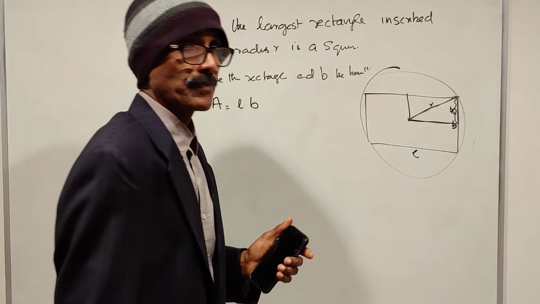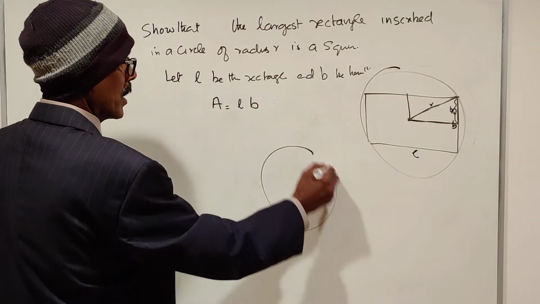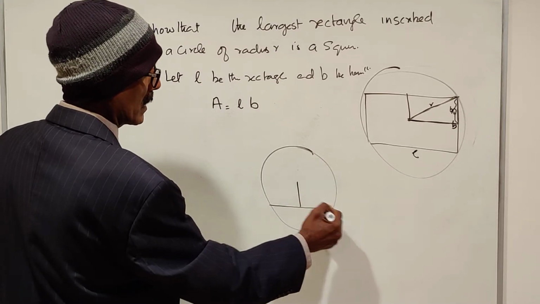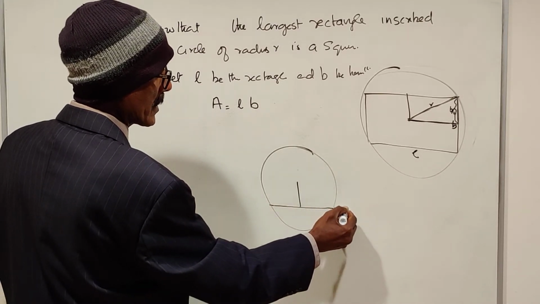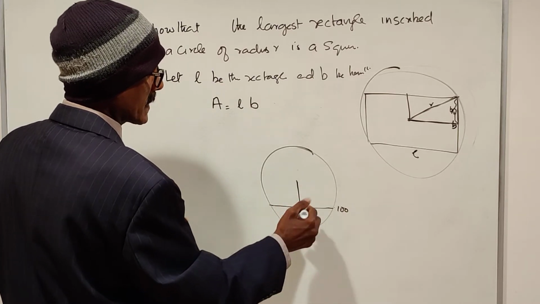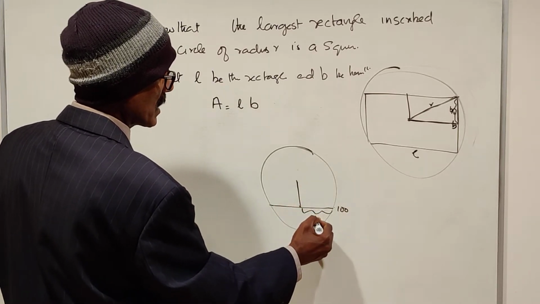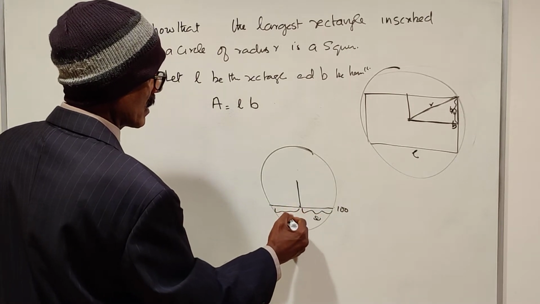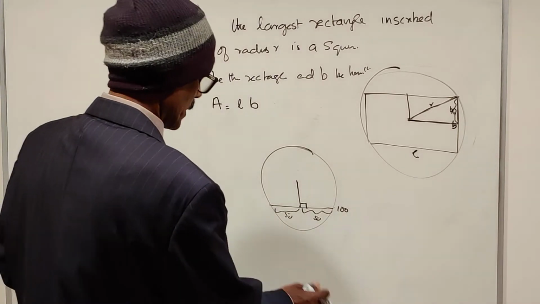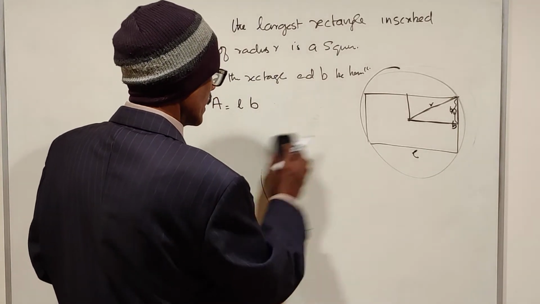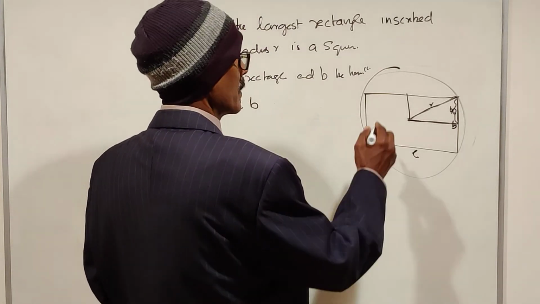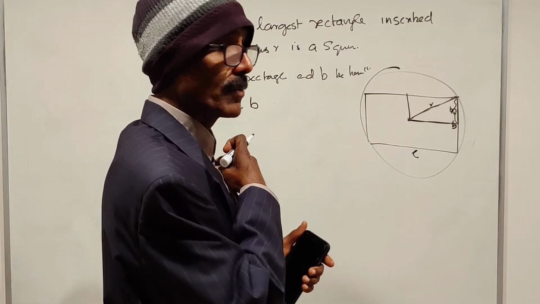Yesterday we learned that the perpendicular from the center to a chord bisects the chord. If the length of the chord is 100, the perpendicular bisects the chord means this one is 50 and this one is 50. Perpendicular means this one should be 90. That is the theorem in geometry.